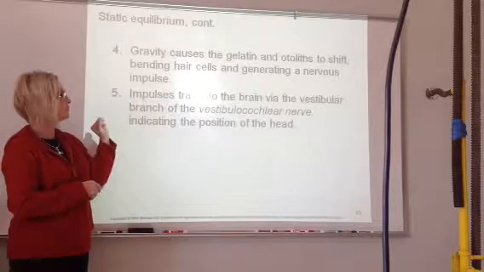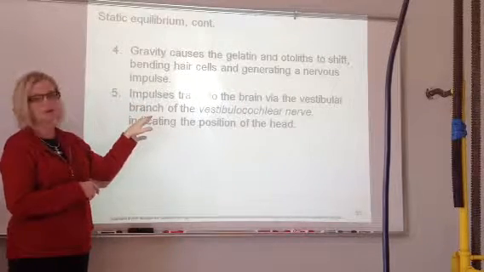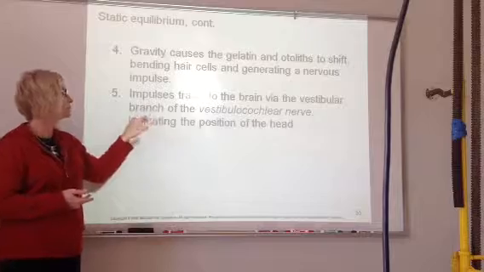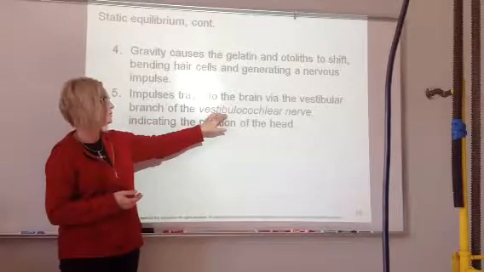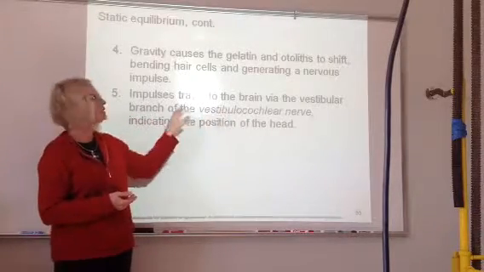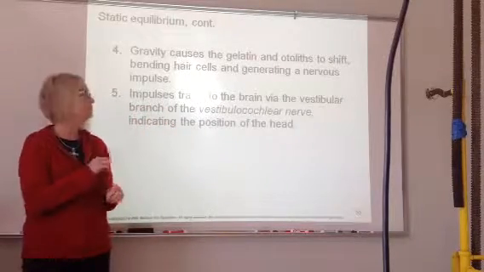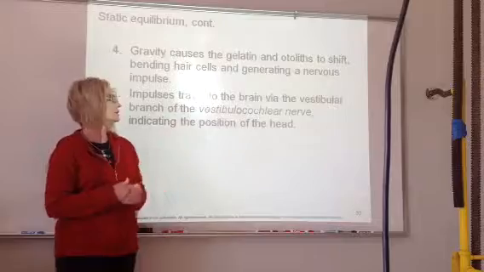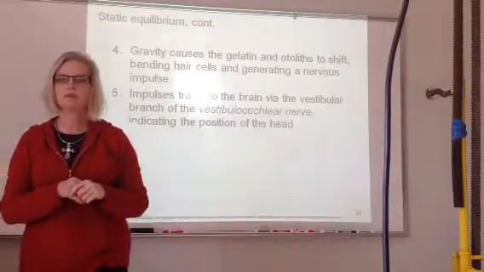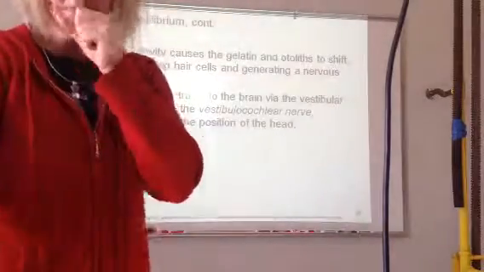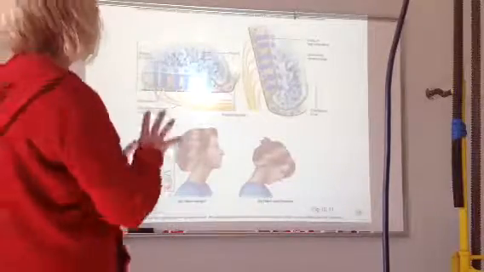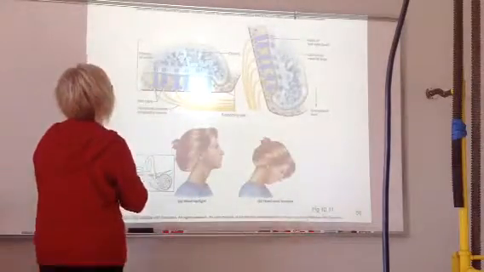Impulses are going to go to your brain by way of the vestibular branch of the vestibulocochlear nerve. So the vestibular branch deals more with equilibrium. The cochlear branch will deal more with hearing.